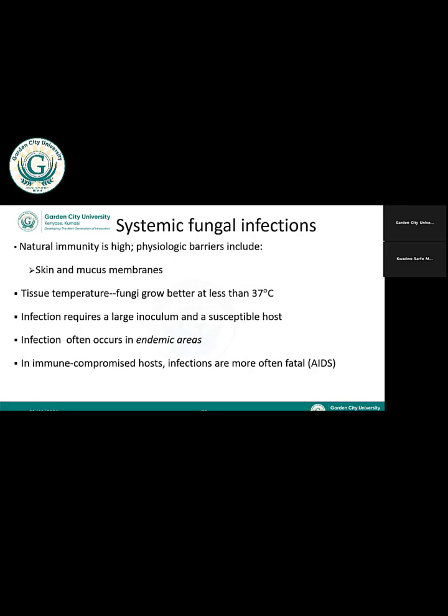And it's common and it spreads quickly in endemic countries or endemic areas. People who have the immune system compromised are not able to fight these fungal infections, and so it becomes more severe as the disease progresses. So those who have AIDS, those who have also grown old, are also at risk of systemic fungal infections.